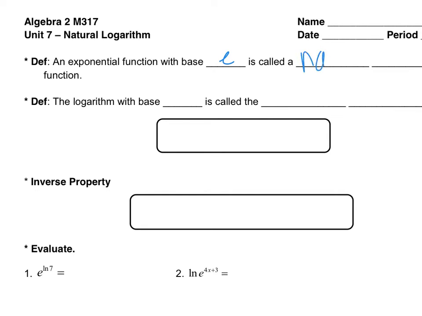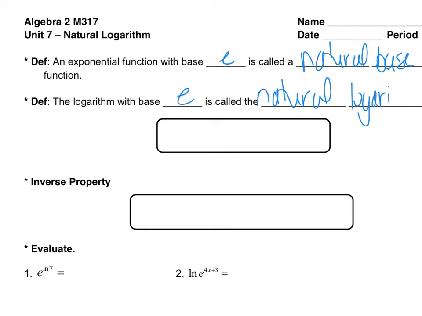An exponential function whose base is e is called the natural base, and then the logarithm with base e is known as the natural logarithm. Basically, we abbreviate the way we write log base e.